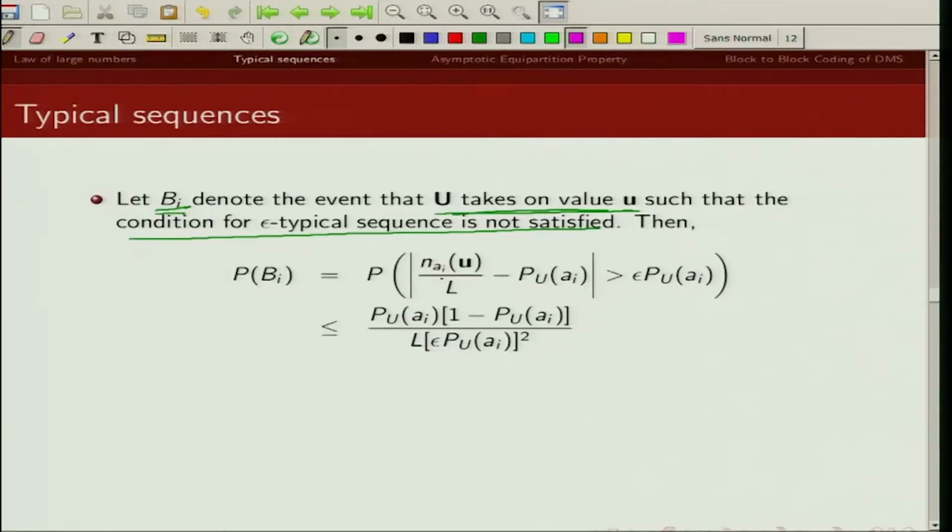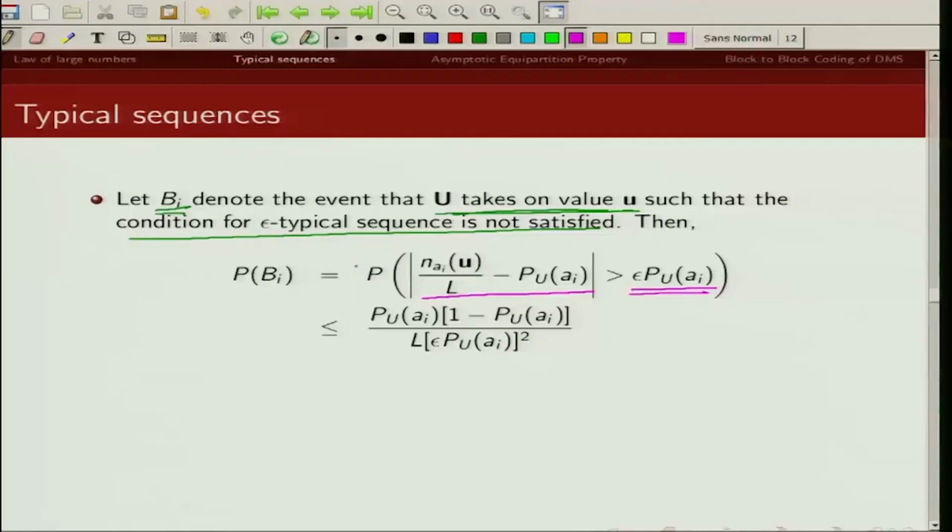So when the absolute difference between N_Ai(u) by L and P of Ai is greater than epsilon times P of Ai, we have seen from the definition of typical sequence that when this happens for any of these Ais, then our sequence is not a typical sequence.